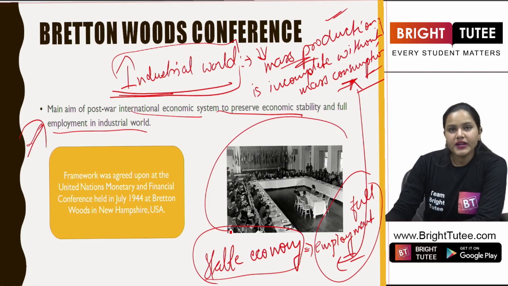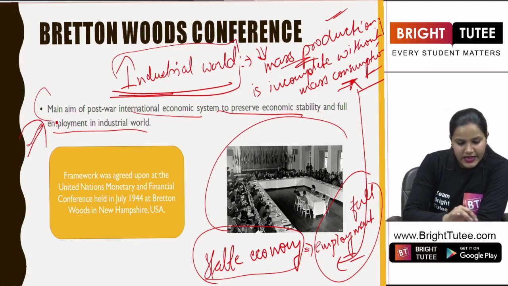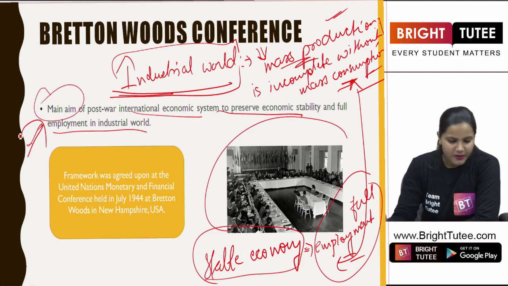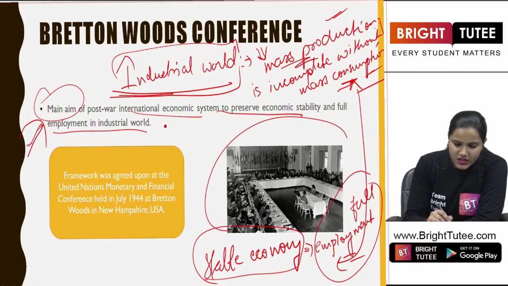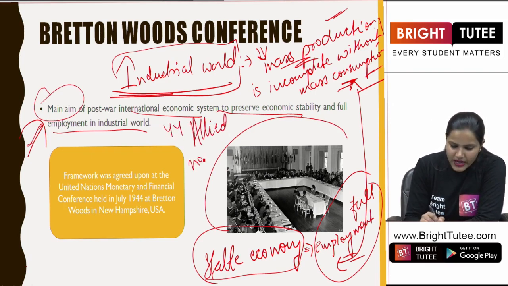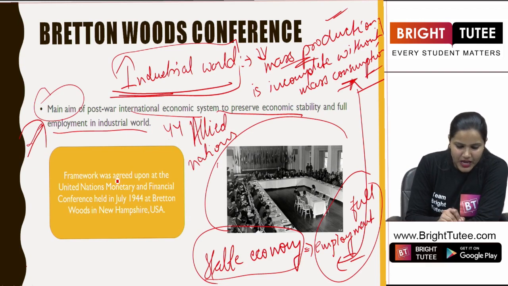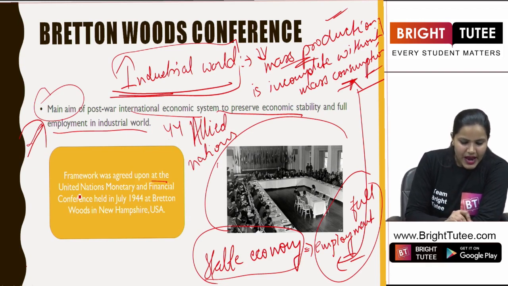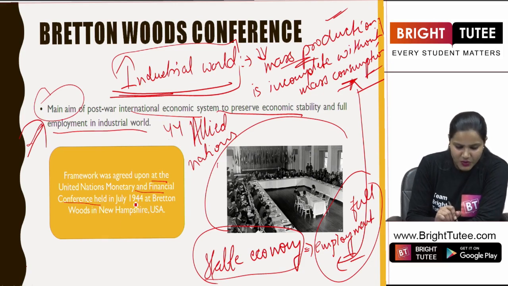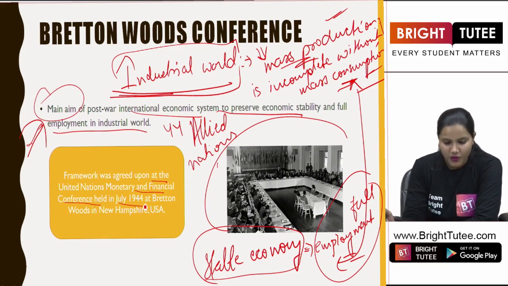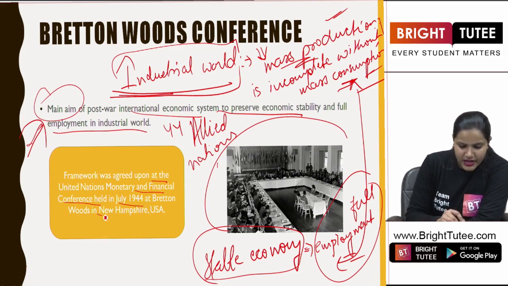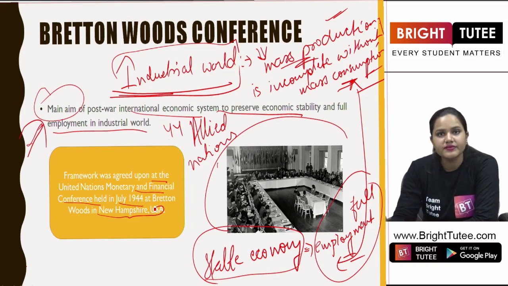Finally, what happened? Thinking about this as the main aim, almost around 44 allied nations decided to meet after the Second World War, and a framework was agreed upon at the United Nations Monetary and Financial Conference that was held in July 1944 at Bretton Woods in New Hampshire, USA.